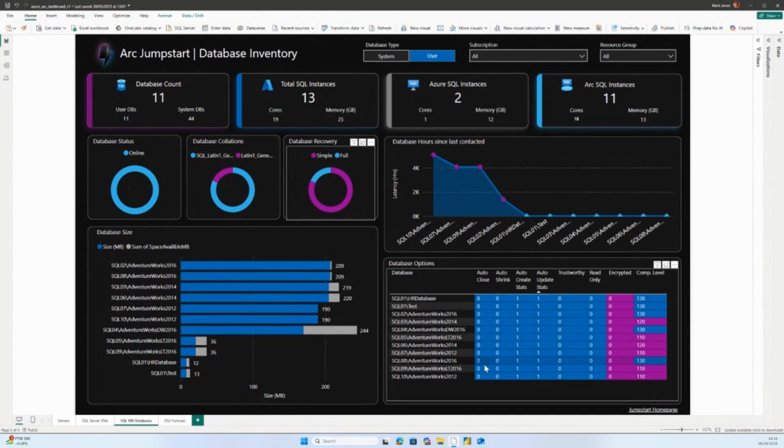And what's really, really interesting, when I was working with a couple of customers, they had some really old databases that had been upgraded since 2000 days, all the way through to 2016, but had a few settings that were left at the database level that meant they were not optimal. And just quickly, just by turning this to red, because there are things like auto close was turned on, it was really, really powerful for them to go, that's one of those servers that's always been a problem for us.